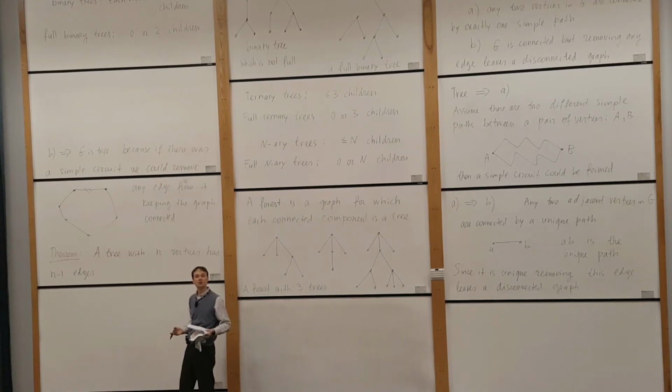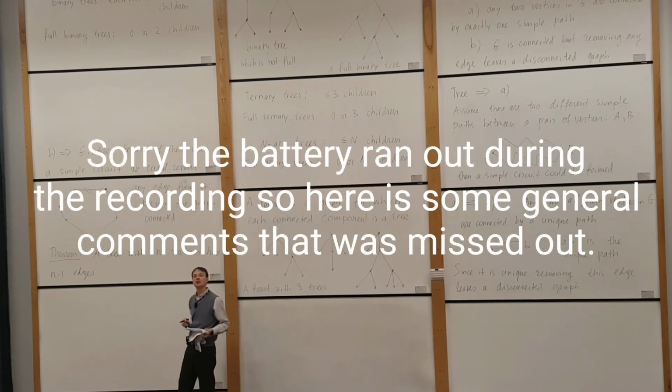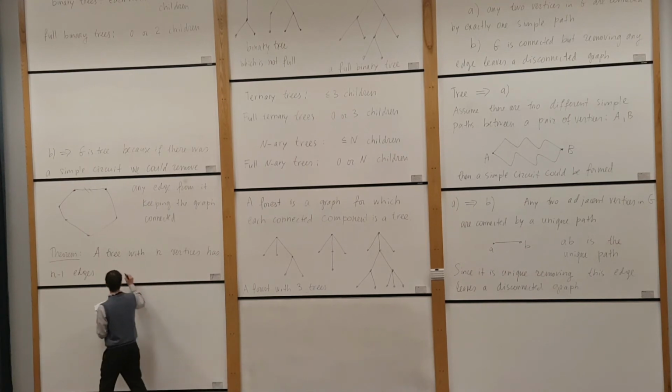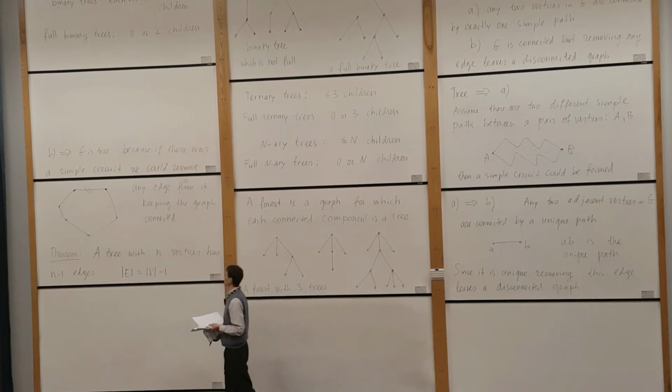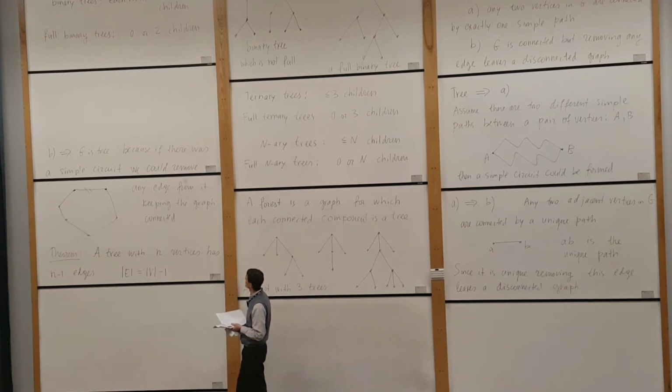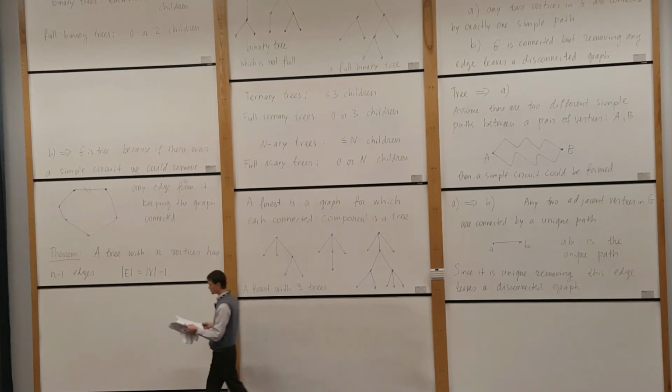So when we talked about graphs before, we used capital V for the set of vertices and capital E for the list of edges. So we can write this formula. So the number of edges is equal to the number of vertices minus 1.